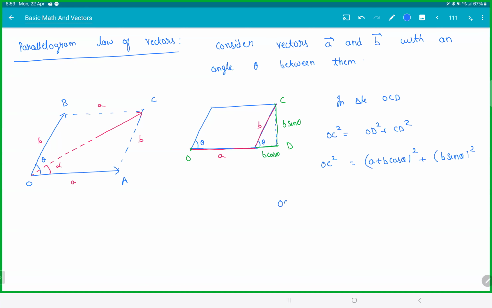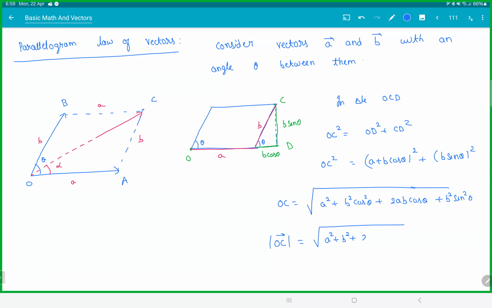Simplify this. You end up with OC is equal to root over A square plus B square cos square theta plus 2AB cos theta plus B square sin square theta. So the resultant vector OC bar, the magnitude, is given by root over A square plus B square plus 2AB cos theta.